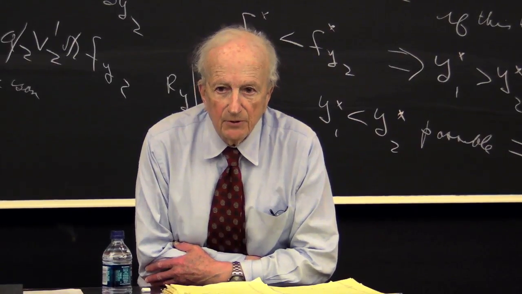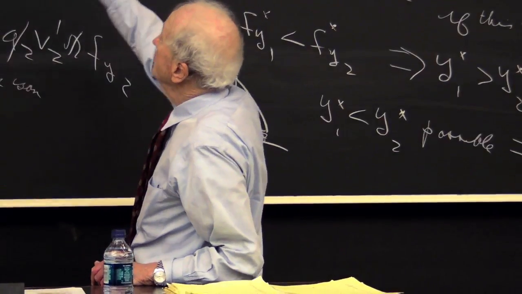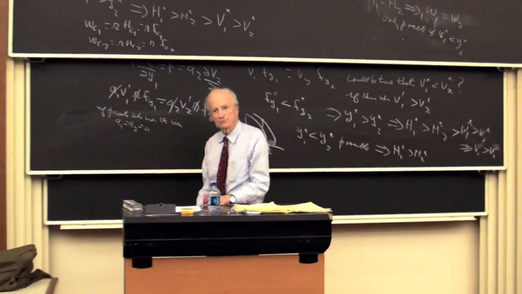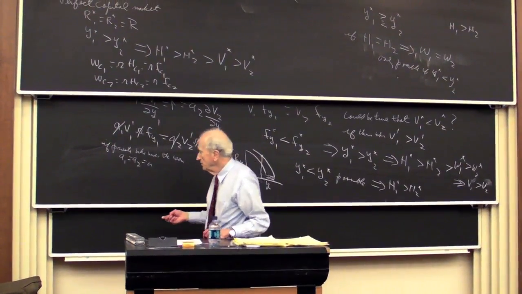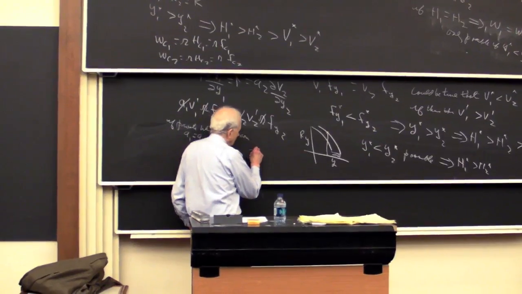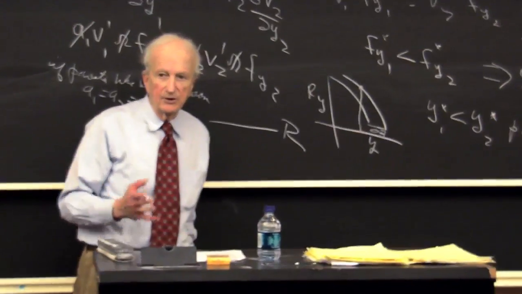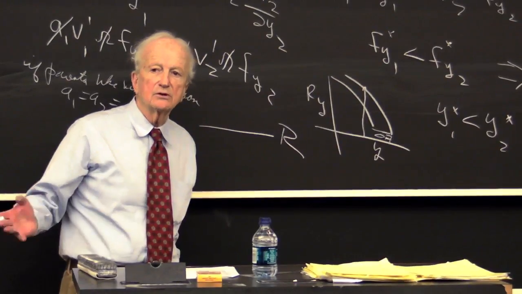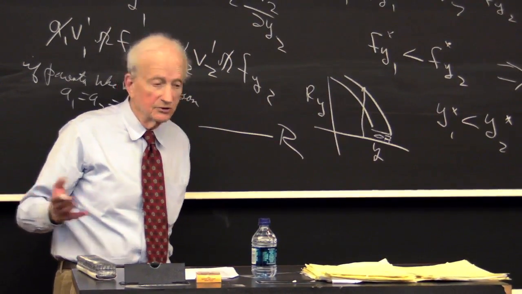For the perfect capital market, parents wouldn't have to worry about this utility problem from the point of view of optimal investments. All they would know is, let's say there's a rate of return R on capital. In a perfect capital market, the marginal rate of return on human capital is going to be equal to the rate of return on capital.